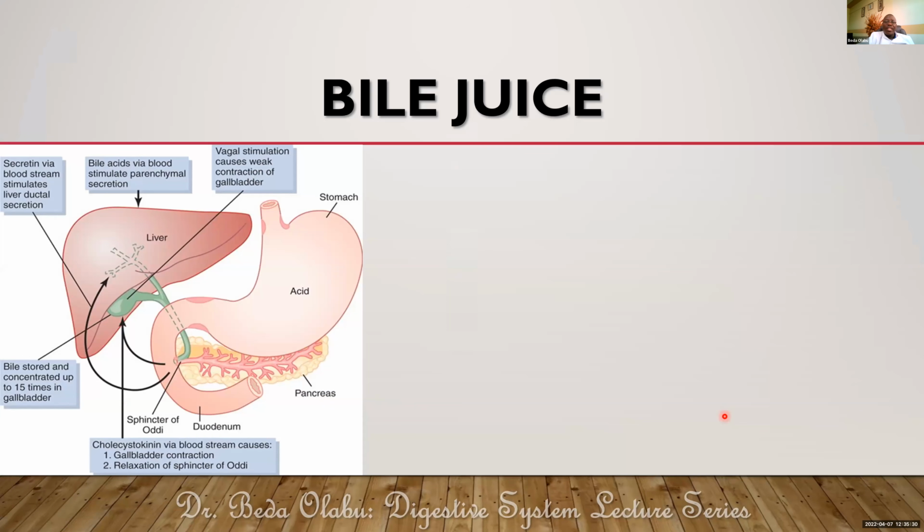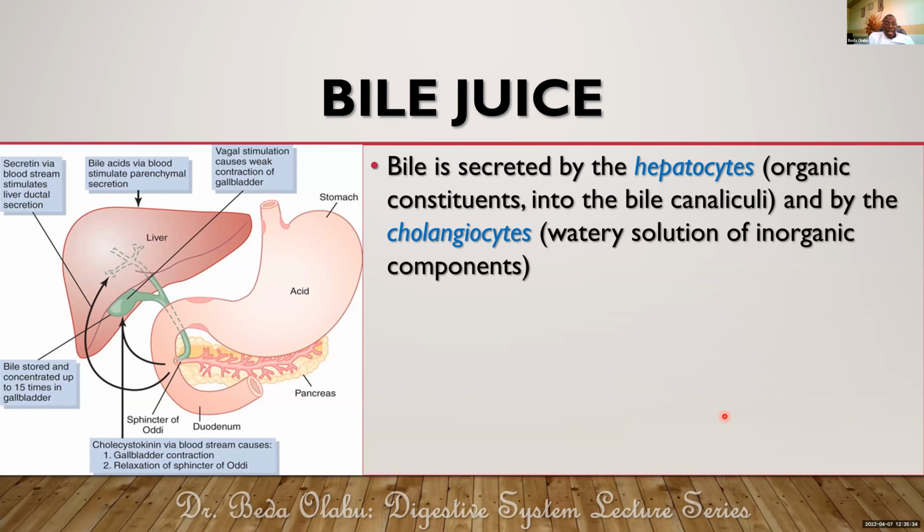So while we're on the biliary tree, let's talk about bile juice. Bile juice is secreted both by the hepatocytes as well as by the cholangiocytes. So what secretes what? The hepatocytes secrete the organic components of the bile juice, and that is released into the bile canaliculi.